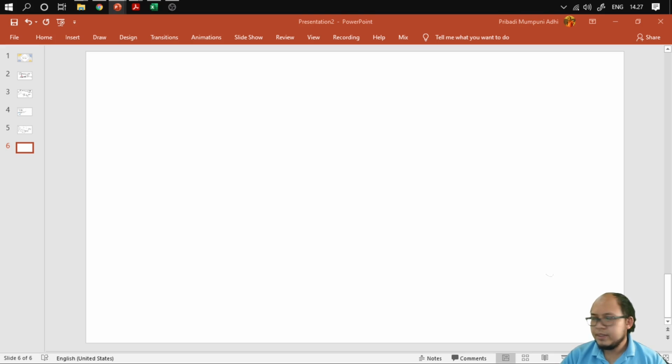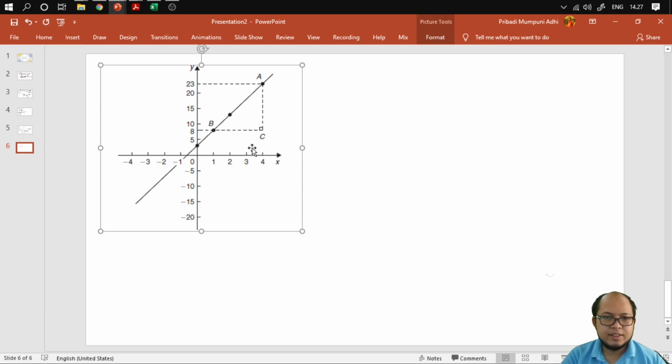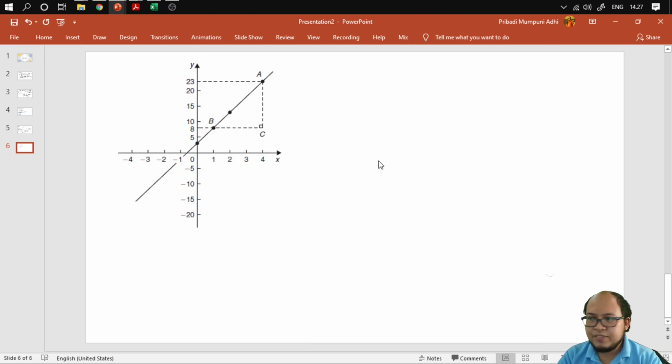Now, if I have a graph something like this, how can we determine the equation of the line, or the linear equation? We have several points here. For example, we have points A and B. So we can use the triangle ABC.